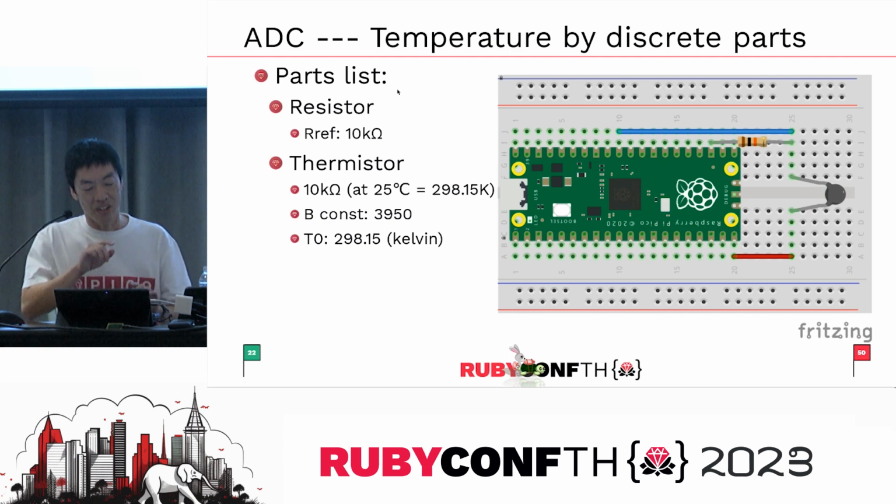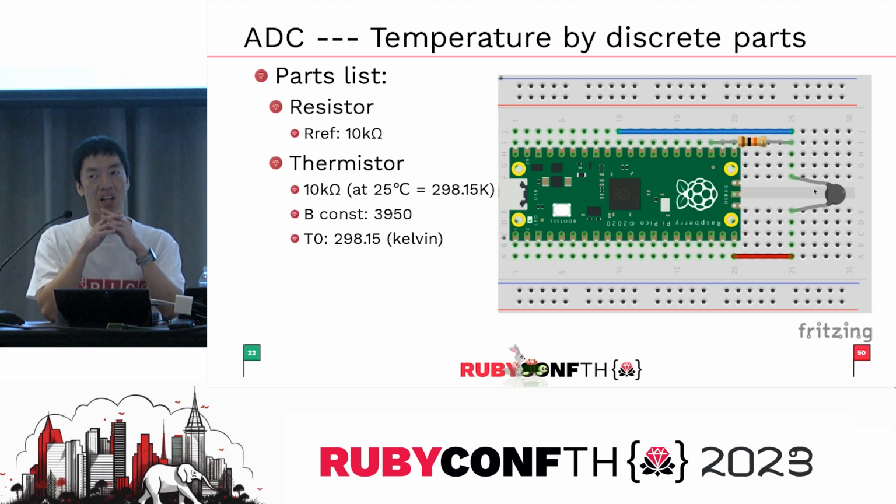As in, you can sense a temperature by discrete parts, for example, using a thermistor. A thermistor is a kind of resistor whose value varies according to temperature. Let's say this thermistor indicates 10 kilo ohm at 25 degrees Celsius.